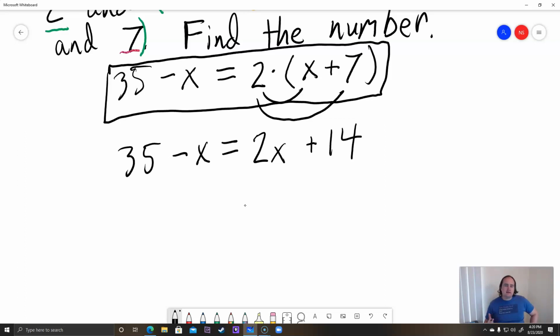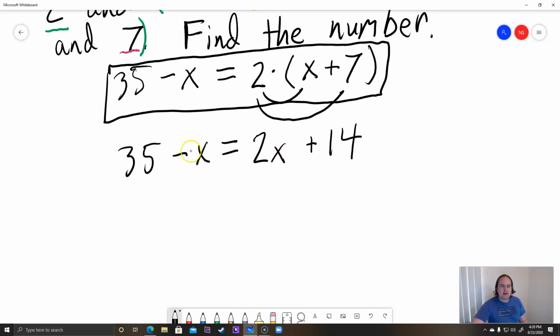Okay, and then next thing to do would be to combine like terms. However, there aren't any like terms on each side, so we're going to go ahead and go to the next step, which is to isolate the variable. Now to isolate the variable here, we notice that we have an x on both sides, and like I recommended, you should probably get rid of whichever x has a smaller coefficient.